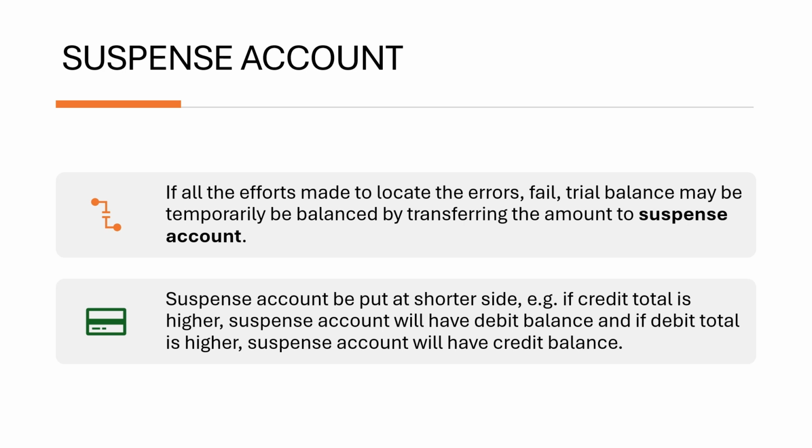If all the efforts made to locate the errors fail, the trial balance may be temporarily balanced by transferring the amount to a suspense account. So a suspense account is kind of a man-made account put on the shorter side. For example, if the credit total is higher, the suspense account will have a debit balance, and if the debit total is higher, the suspense account will have a credit balance.